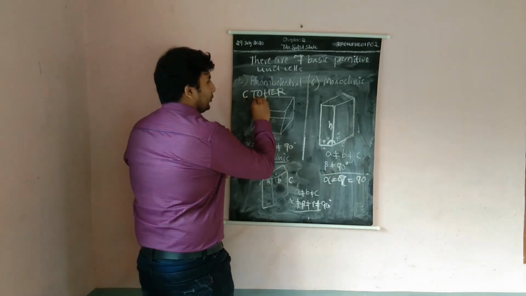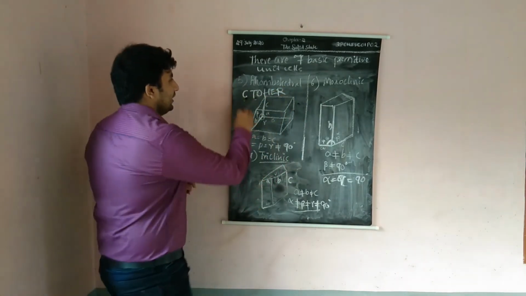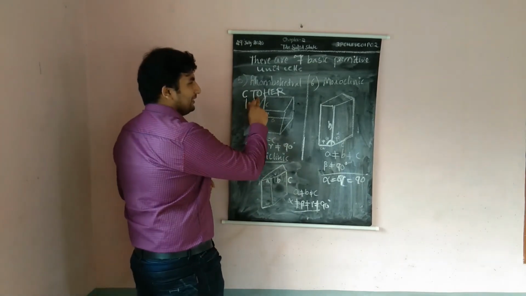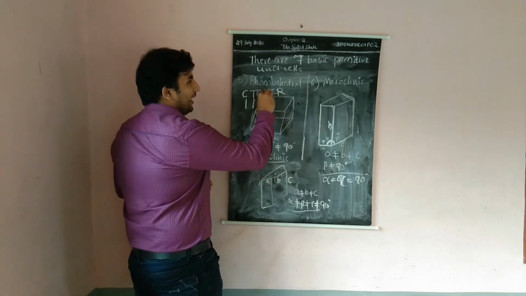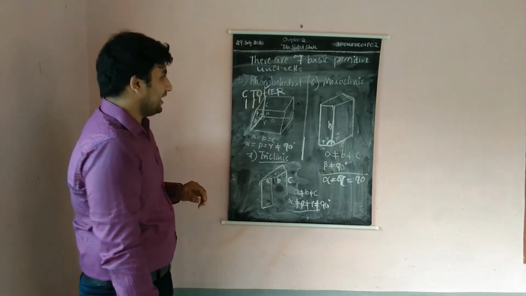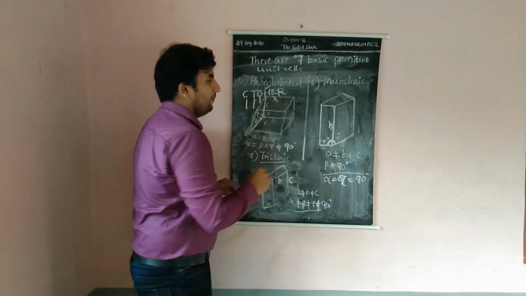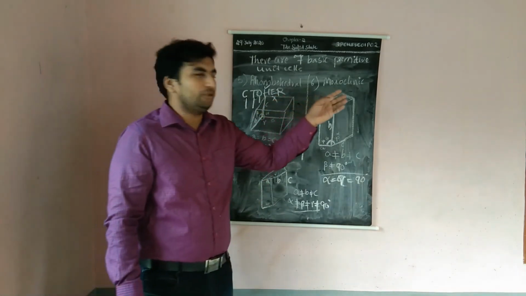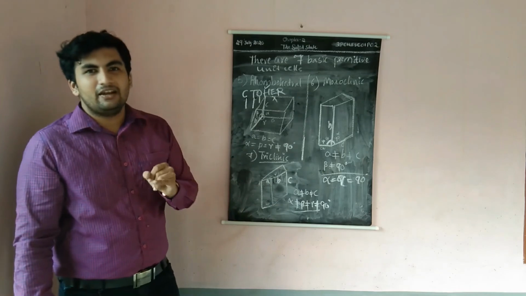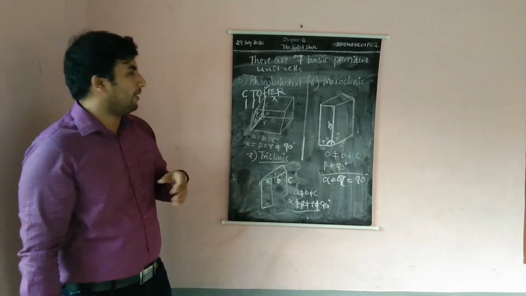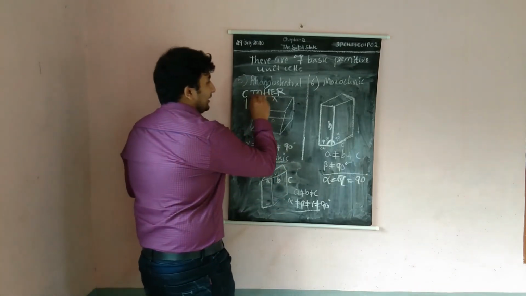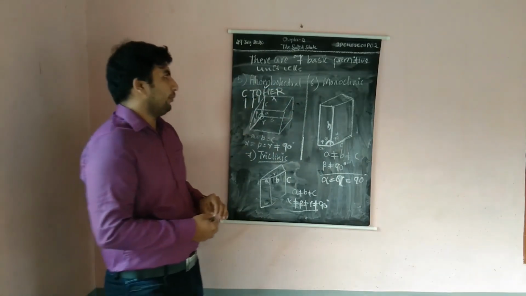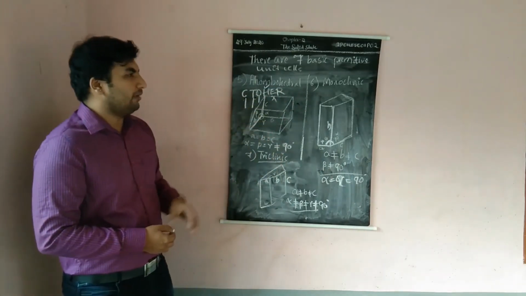Here, C means cubic, T means tetragonal, O means orthorhombic, H means hexagonal, E is not there, R means rhombohedral, and obviously you know monoclinic and triclinic. It is simple to remember. With C to her, all the 7 basic primitive unit cells you can easily remember for exam purposes.